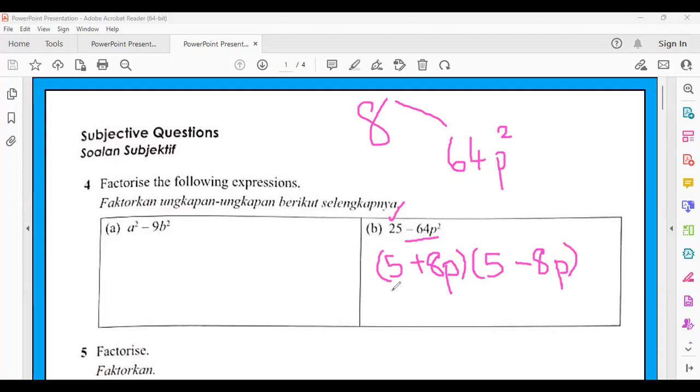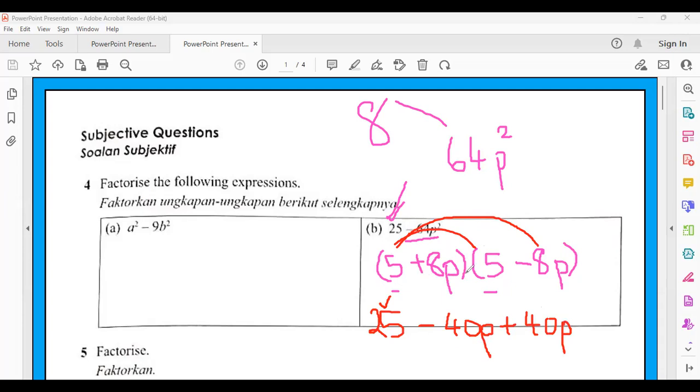Okay, 5 and 5 is the 25. Remember this pattern of questions we did earlier where the center is eliminated. So if you don't want to believe me, we expand. 5 times 5 is 25. 5 times negative 8p is negative 40p. 8p times 5 is positive 40p.